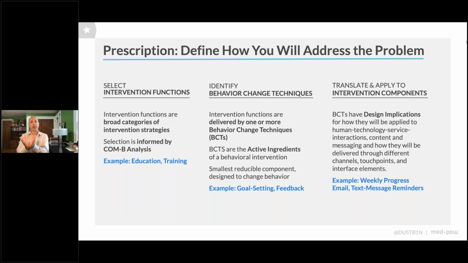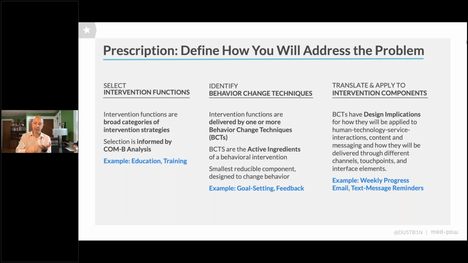And we can get more granular to say, all right, if we need to motivate, what are the specific techniques we can use? We can think about helping people set action plans, setting goals, providing feedback on behavior, providing feedback on outcomes. And we can take those techniques and operationalize them through content, words, messages, scripts, conversations, through features within a digital product or service, through the micro interactions, right?